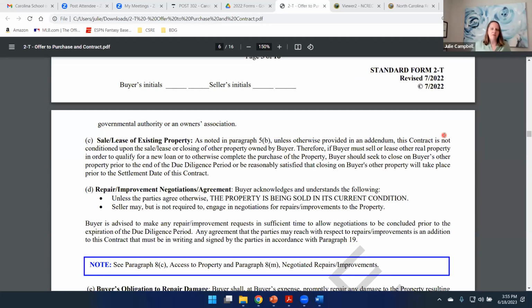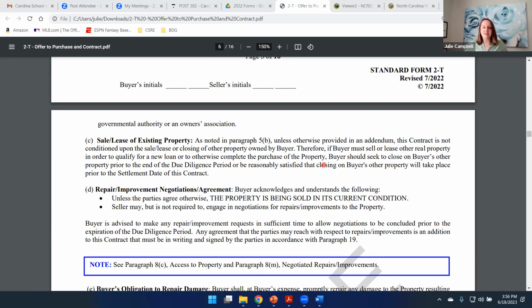Therefore, if the buyer must sell or lease other real property in order to qualify for a new loan or otherwise complete the purchase, buyer should seek to close on buyer's other property prior to the end of the due diligence period, or be reasonably satisfied that closing on buyer's other property will take place prior to settlement date of this contract. There are no contingencies.